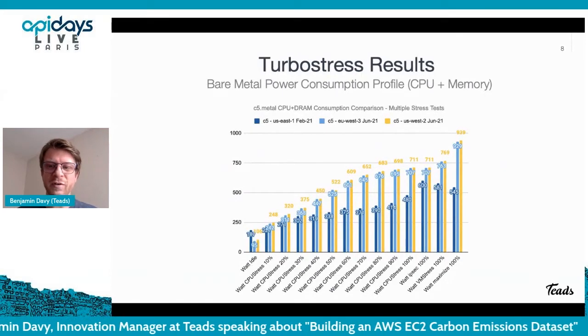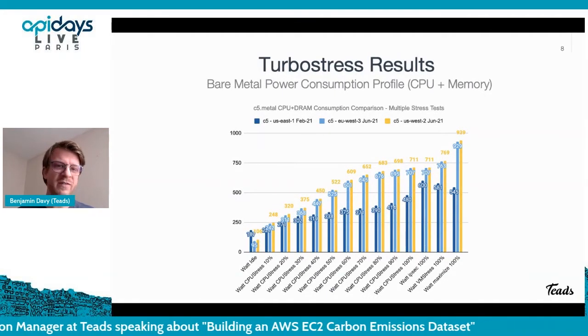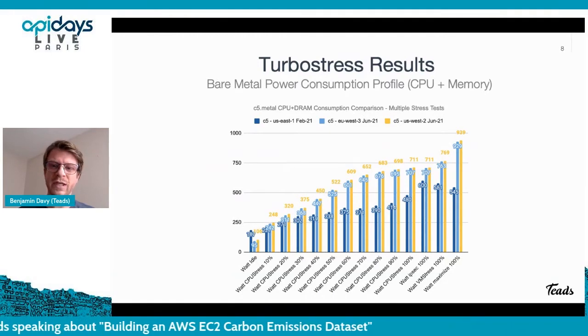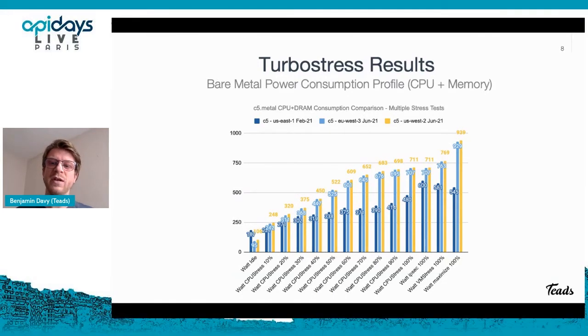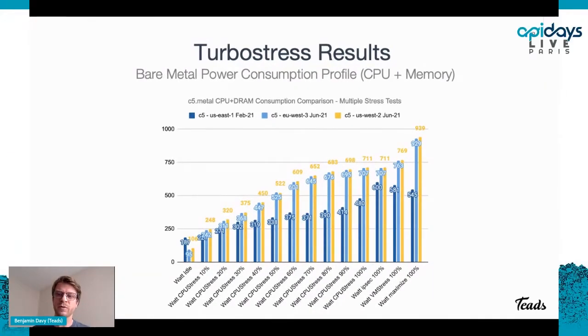So here we compare 3 different C5 metal machines running in different regions. The one in dark blue on the graph was actually running with underclocked CPUs, and we can see this reflected in the lower power consumption values. So on the chart, we have the overall CPU plus memory consumption for different stress tests, and first for the idle state.